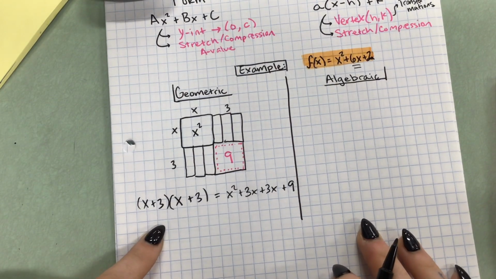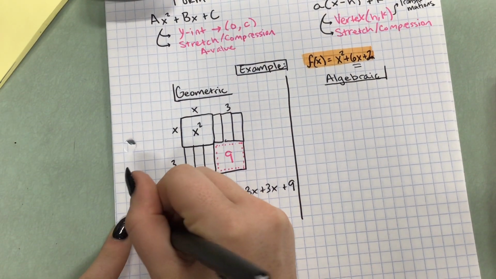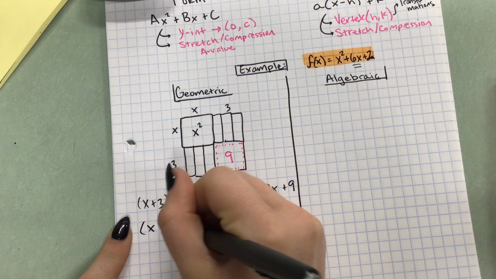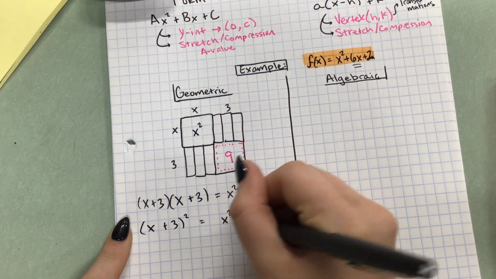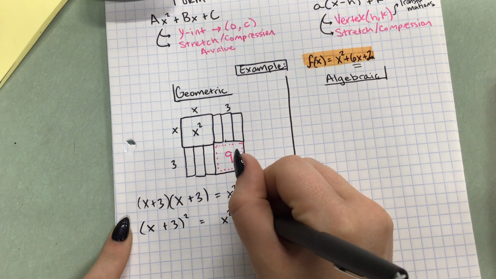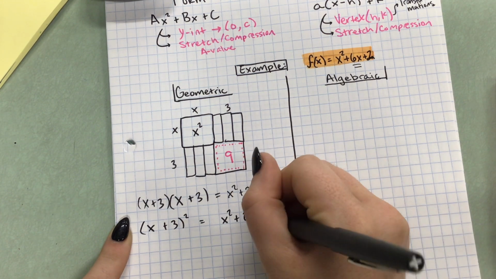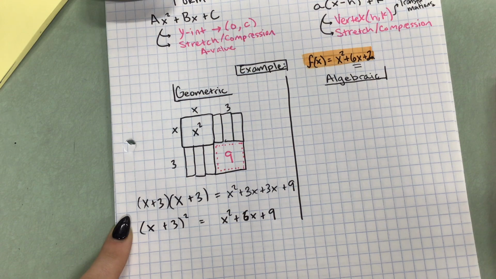I can simplify that a little bit more. I can call this x plus 3 squared equals all of this. Oops, this should be a 6, because I combine the 3x and the 3x.